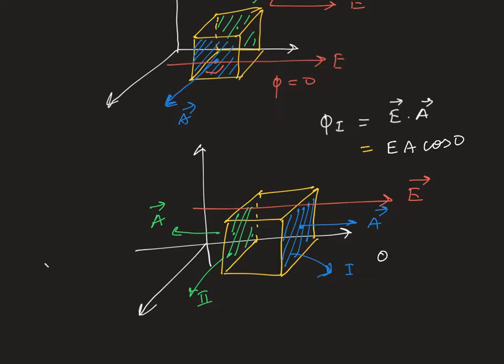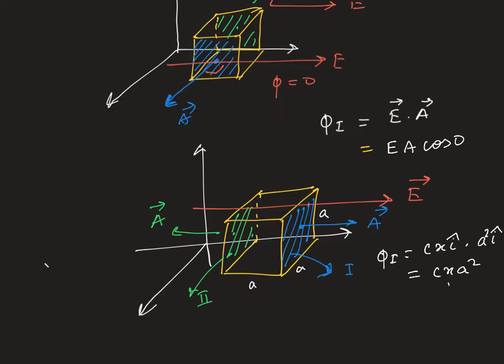You can also write phi 1 is equal to, what was E? Cx i cap, do you remember? And what was area? Area was A square i cap. And how is area A square i cap? We know that the value of this face is A squared because the side of the cube is obviously A. So obviously the area is A squared and the direction is along the positive x-axis. So that becomes equal to Cx A squared, and i dot i becomes equal to 1.